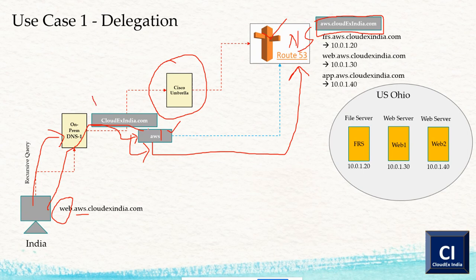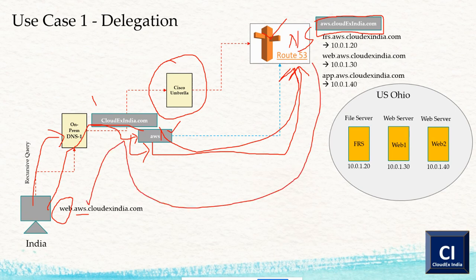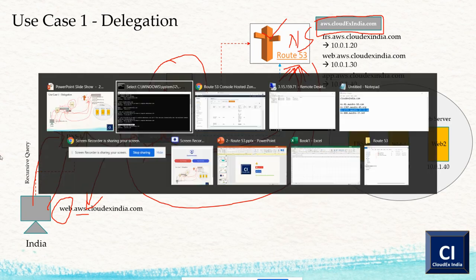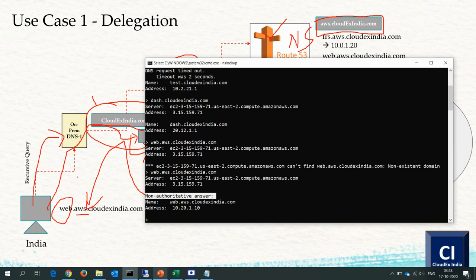So it sends the query over here, gets the response from here, and then delivers it to you. So actually it's not the authoritative server. It's not giving the response from its own database. It's pulling the record from somewhere else and giving the response. In such cases, whenever your preferred DNS gets the response from another DNS, the response will be non-authoritative. Always remember this, it is very important for your interview.